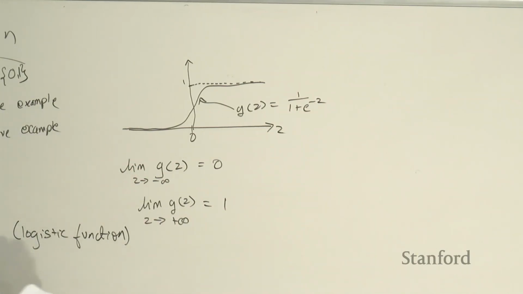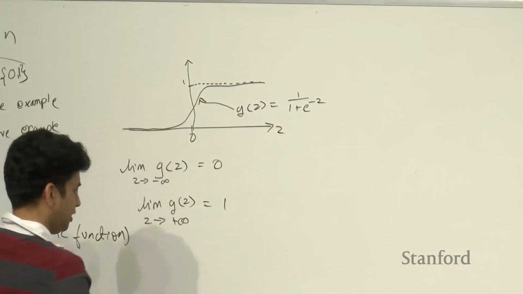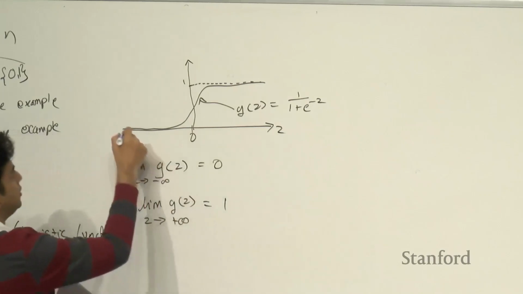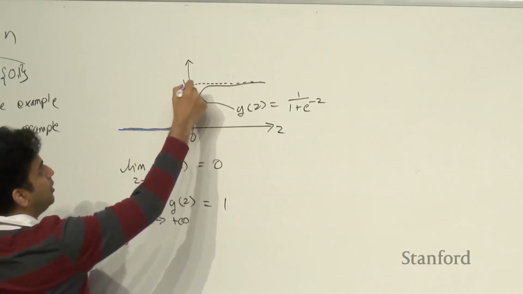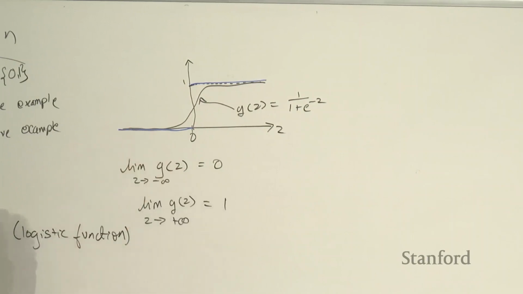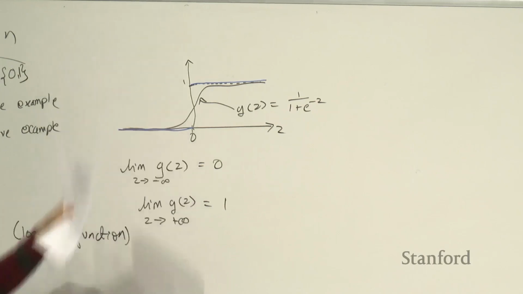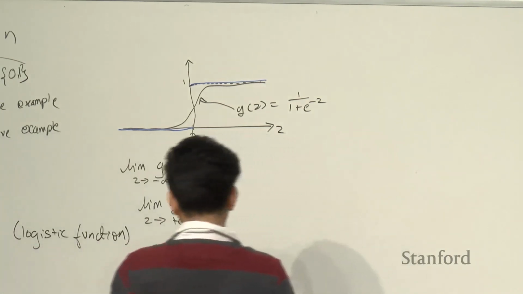Now, if you compare this with the perceptron's g, in the case of the perceptron, it was exactly equal to 0 until 0 and exactly equal to 1 when z was greater than 0. You can think of the logistic function as some kind of a soft version of the perceptron's version of g.